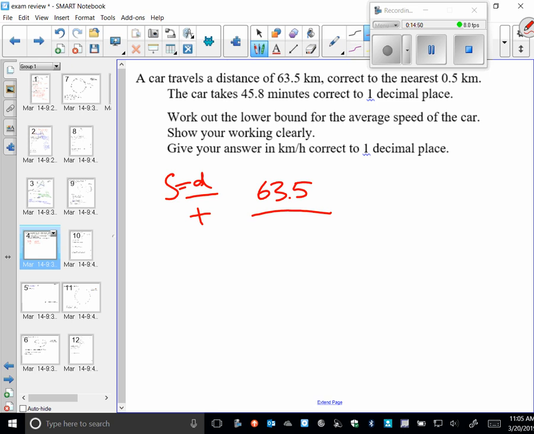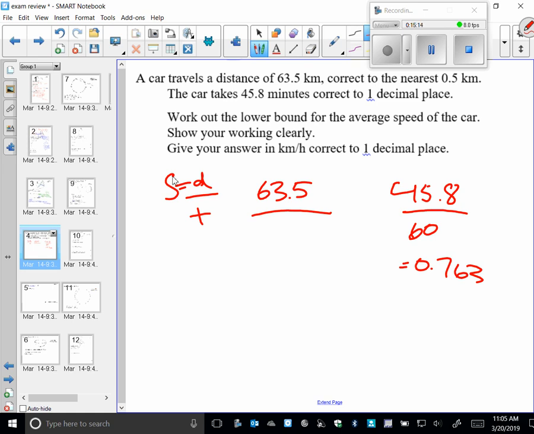Okay, so we're going minutes to hours. Since you're going from smaller to bigger unit, you have to divide. So 45 over 60, which is 0.763. That's the time in minutes.